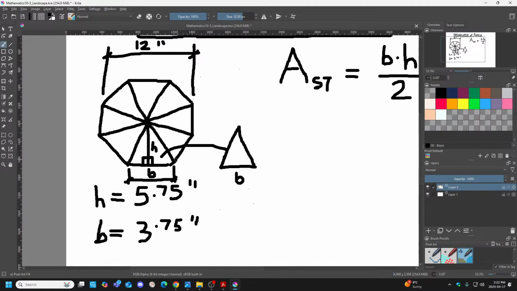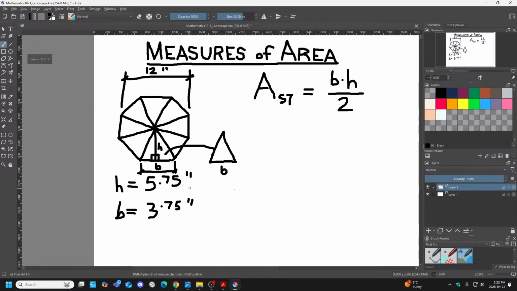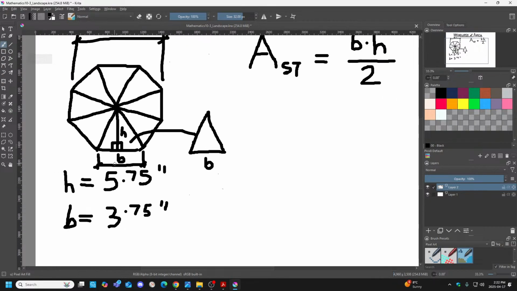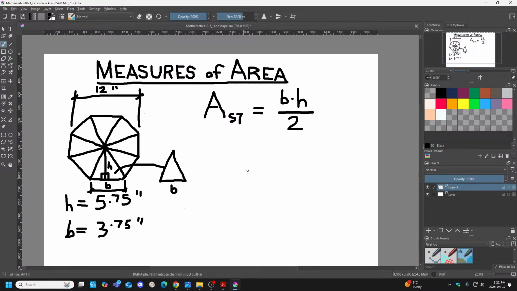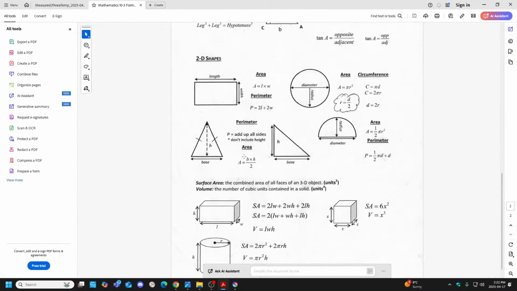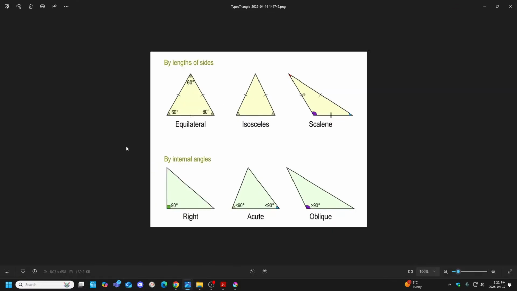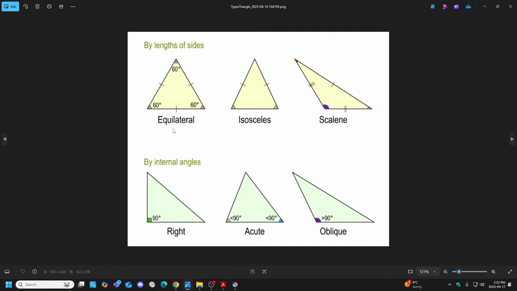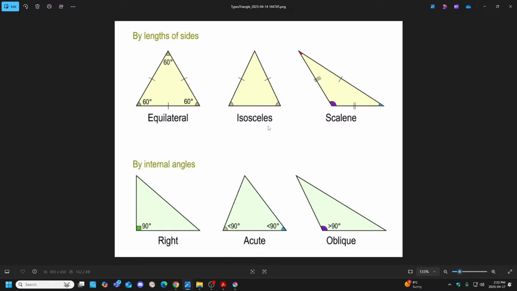The height of our triangle is 5.75 inches. Our base is 3.75 inches. I've left you with the formula here to calculate the area. This will work for equilateral triangles, isosceles triangles, right triangles.